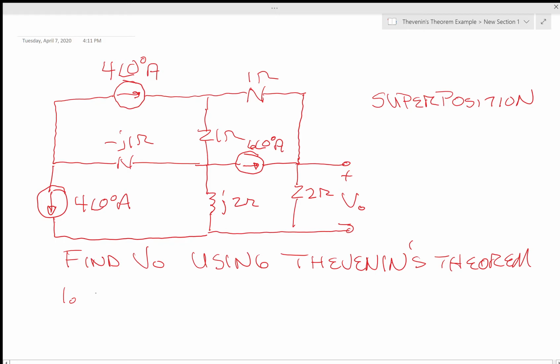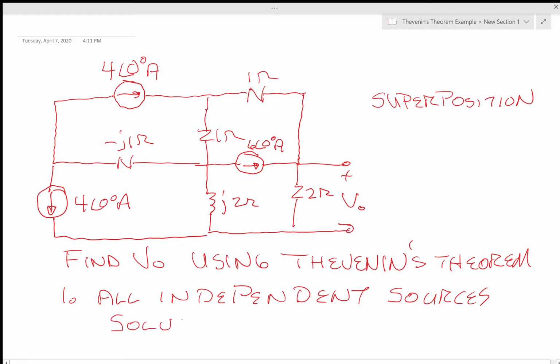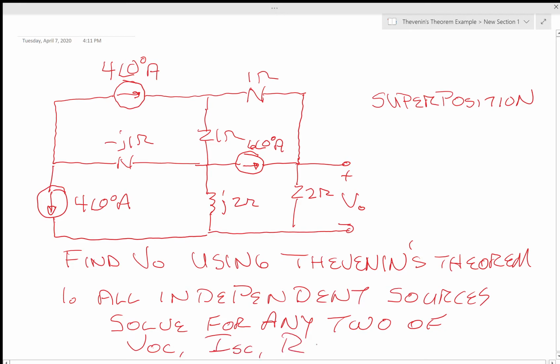The first way is you have all independent sources, and then you solve for any two of VOC, ISC, or RTH.